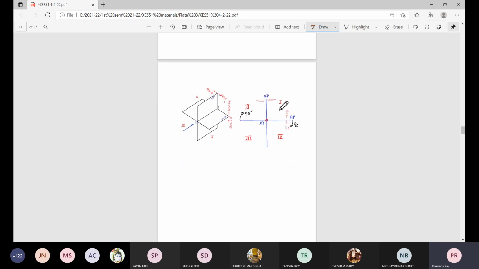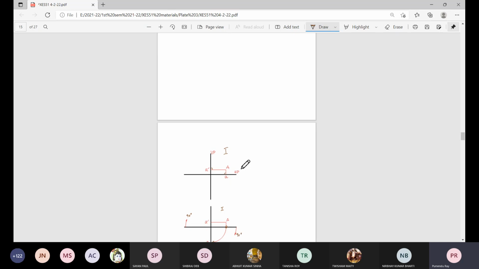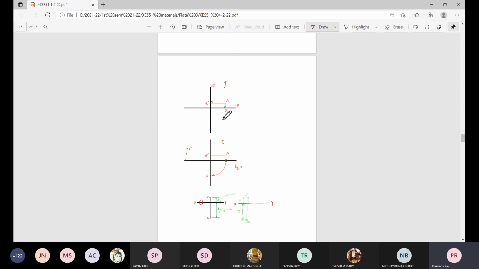Once we have a location capital A in front of the vertical plane and above the horizontal plane, it is represented in this form. This is the first quadrant. Project point A on the horizontal plane, this is the plan. Project it on the vertical plane, this is the elevation, or view from front, or front view, and this is the plan, or top view, or view from top.